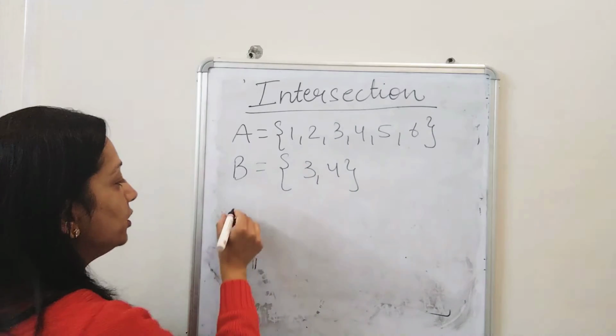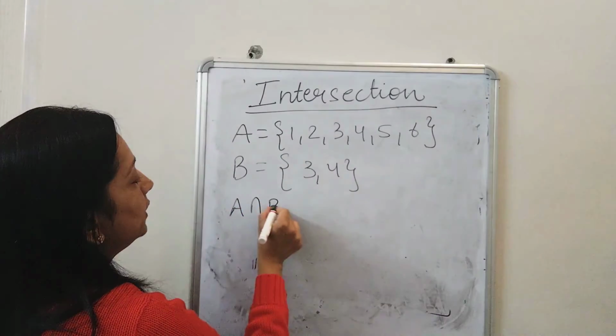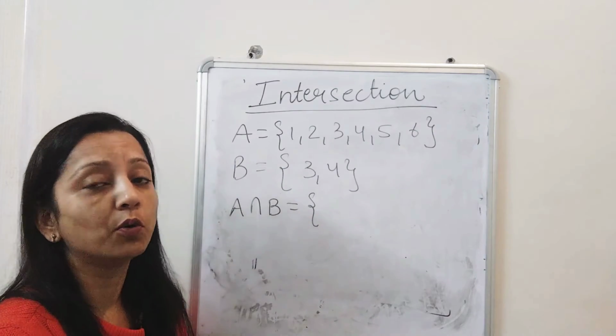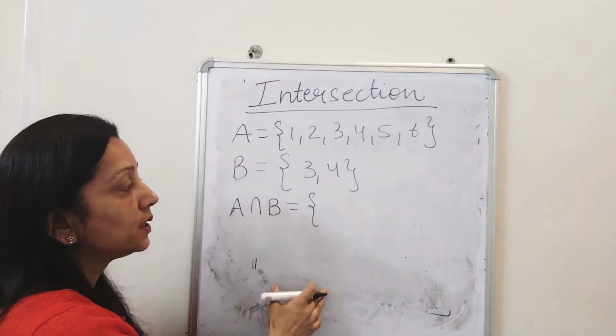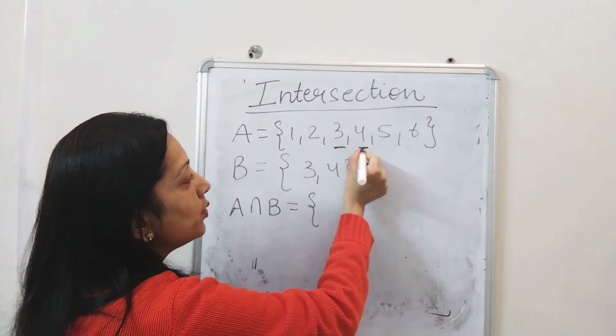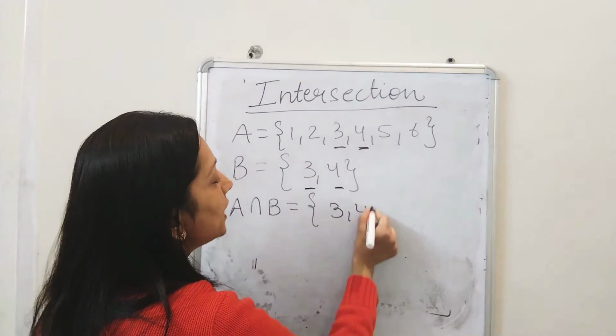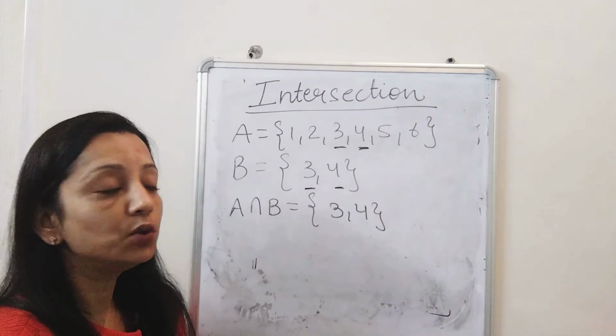So the resultant set will contain all those elements which are just common to both, not the distinct elements. Here there are two elements which are present in both sets. These are 3, 4. So the resultant set will contain only these two elements.